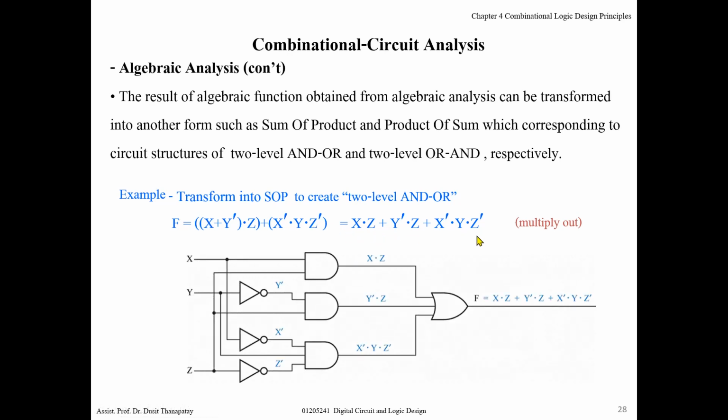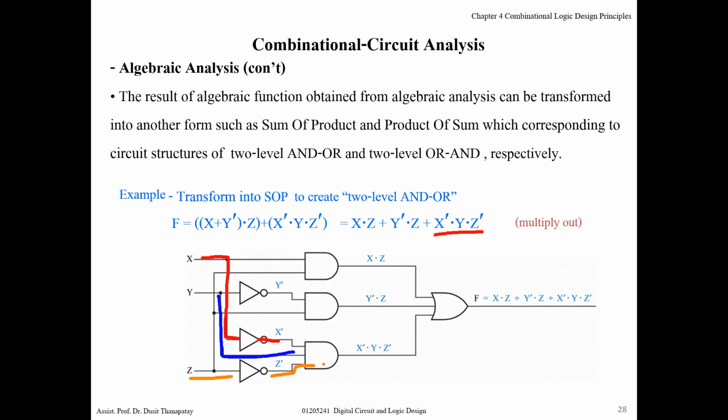And based on this expression, you can write the circuit diagram like this: x and z, y prime and z, x prime and y and z prime.